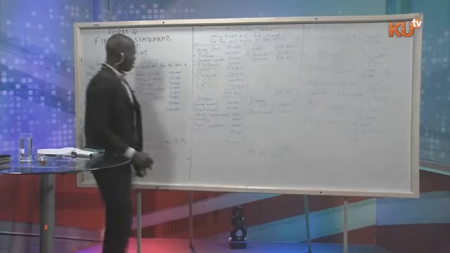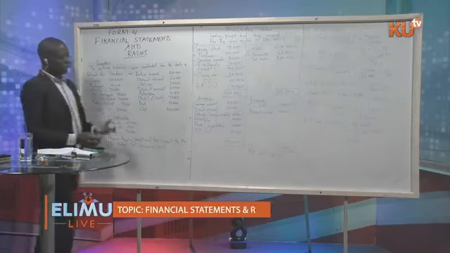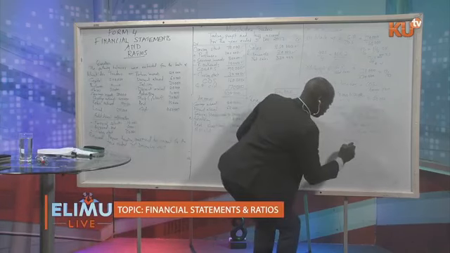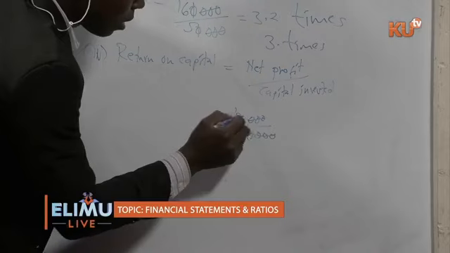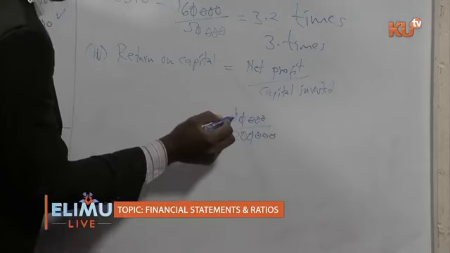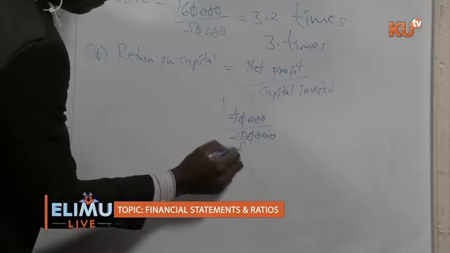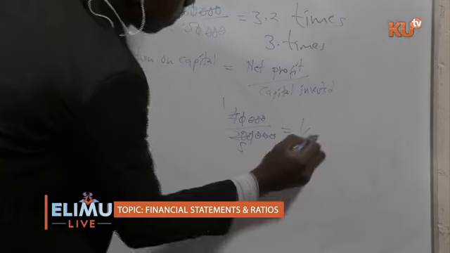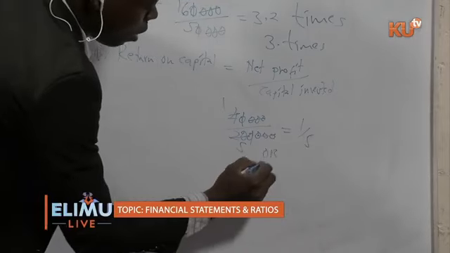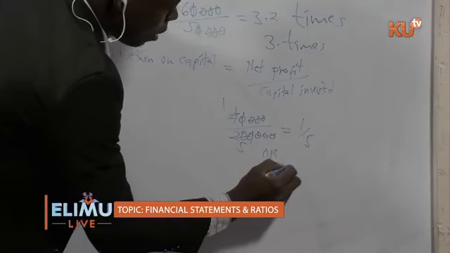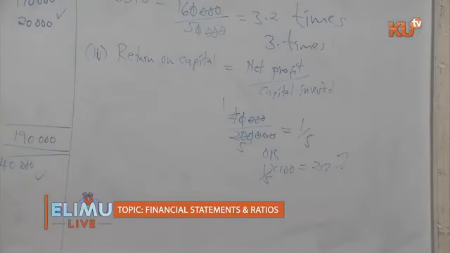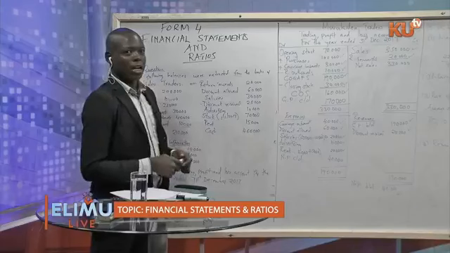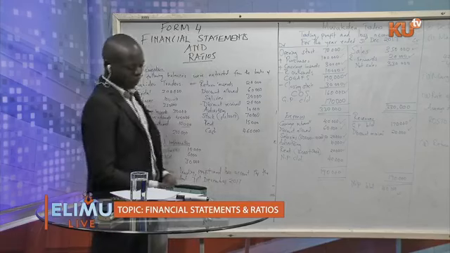Capital invested, in our case, was 200,000. So we divide by 200,000. This cancels out, and that is 1 over 5. Or as a percentage, 1 over 5 times 100, which will give us 20%. So the return on capital is 20%.